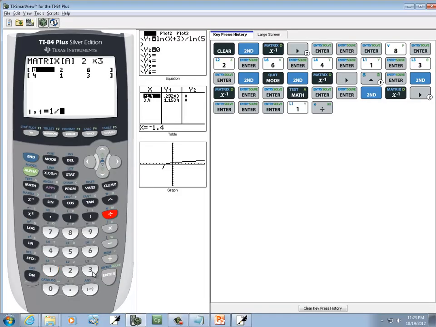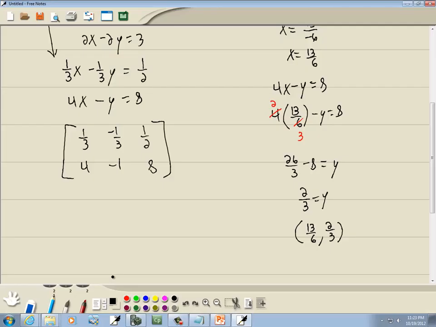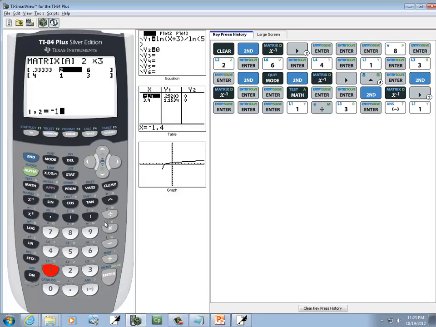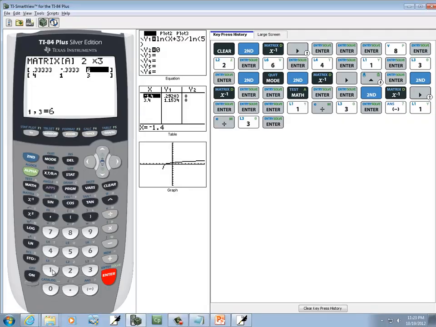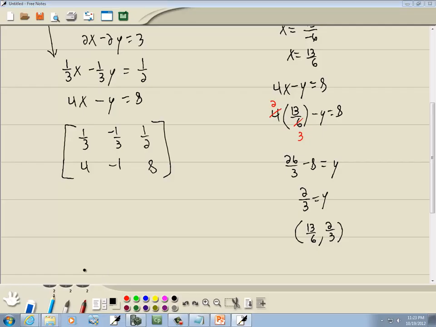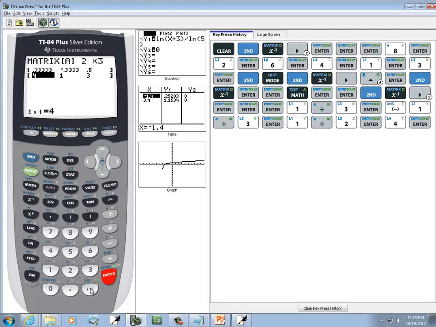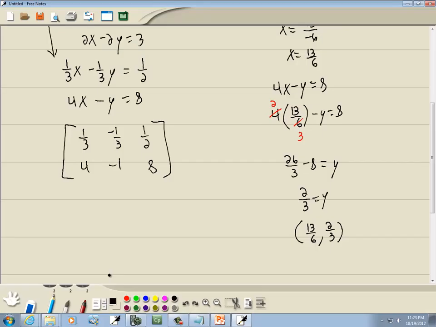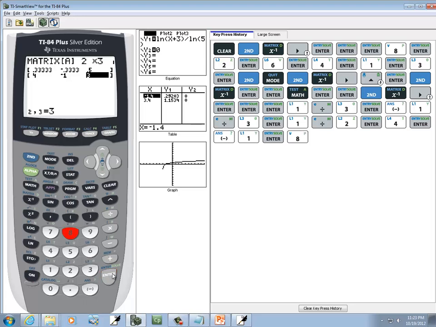So I've got 1/3, enter, -1/3, enter, 1/2, enter, 4, enter, -1, enter, and 8, enter.